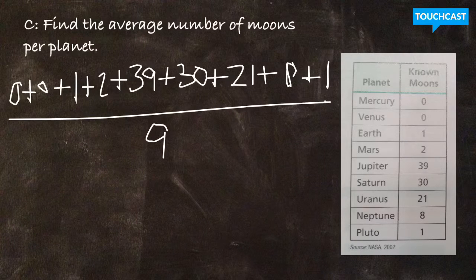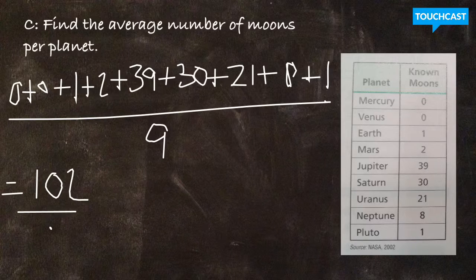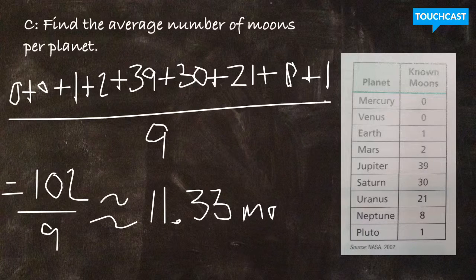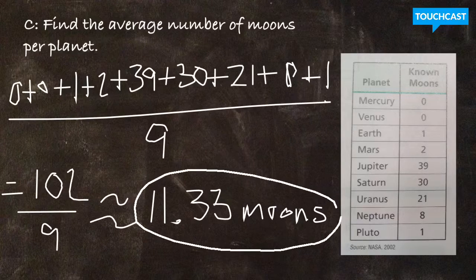Now, if we find the sum of the numerator, that's 102 divided by 9, which is approximately 11.33 moons. So if we took and evenly distributed all the moons in our solar system to all of the planets, each planet would have 11.33 moons.